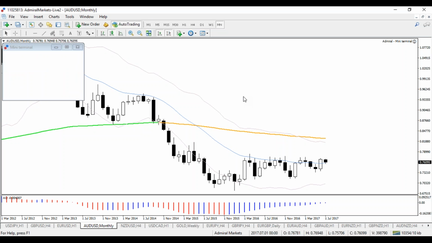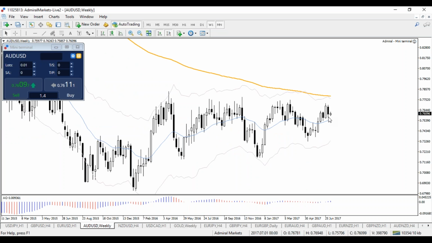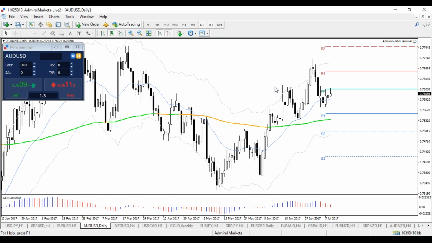Inside candle that was bearish last week. Testing resistance, failed to break so far many times. Price engulfing twins, small bullish candle, trying to test the weekly pivot point as we see.